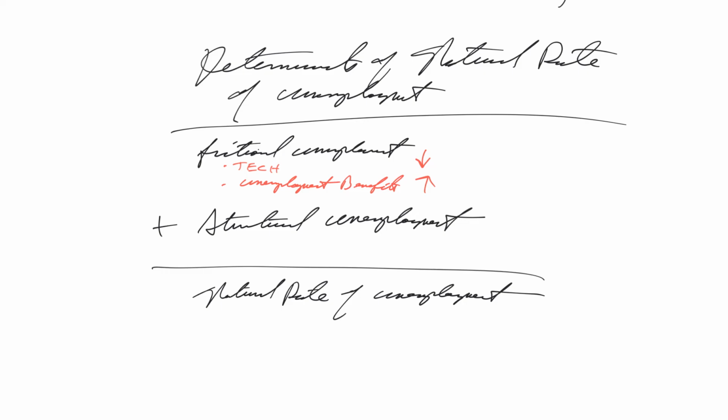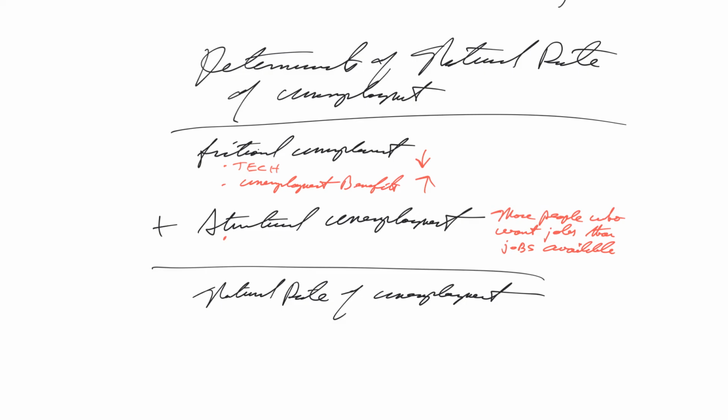Structural unemployment. Well, there are 3 things. Structural unemployment, the best definition really is there are more people who want jobs than jobs available. So it could be because they don't match up.